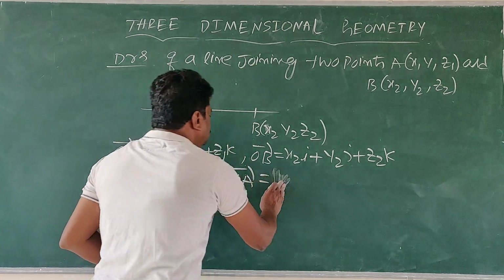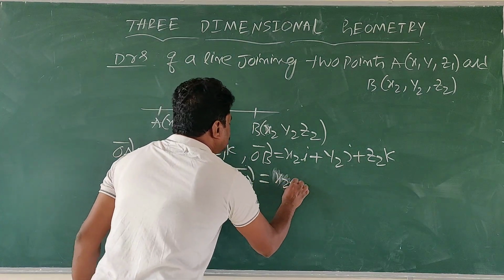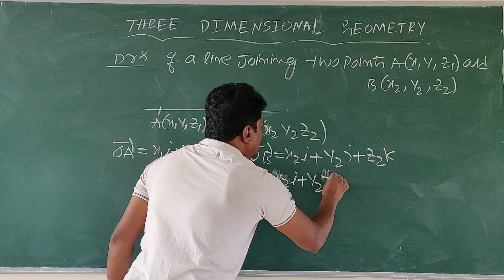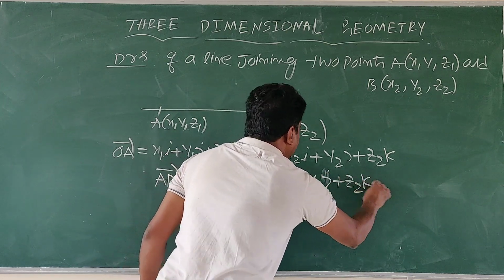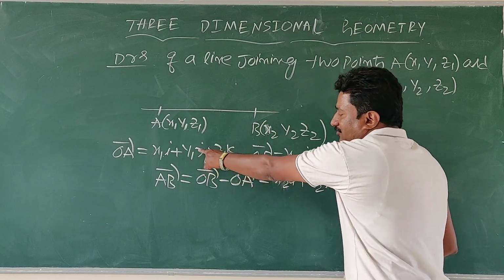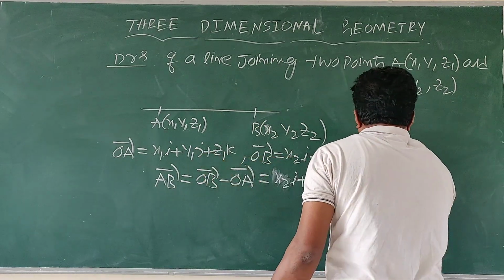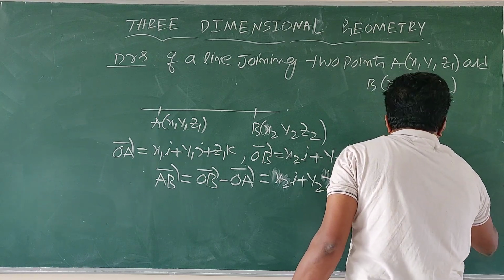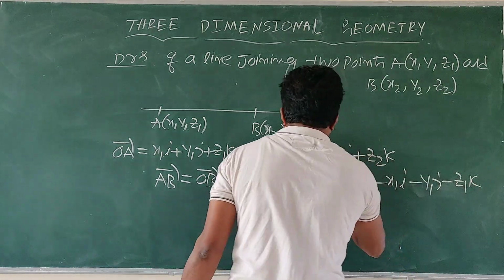I write OB first: x2 i plus y2 j plus z2 k. Multiply vector OA by minus: minus x1 i minus y1 j minus z1 k. Simplify.